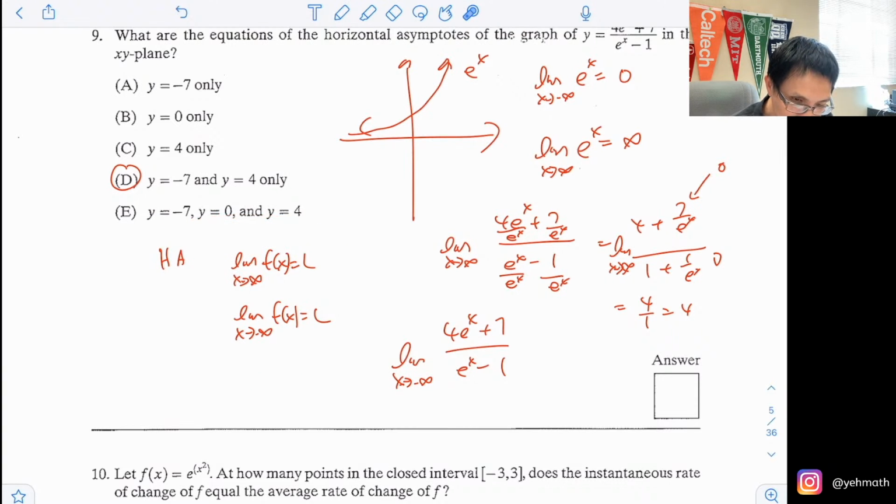The nice thing is when I reach infinity, you can divide by the highest degree. So that's going to be 4 over 1, which is 4. And that's it. Now the problem is negative infinity. This part is going to give me 0. So it'll be 4 times 0 plus 7 over 0 minus 1. So it's equal to -7.